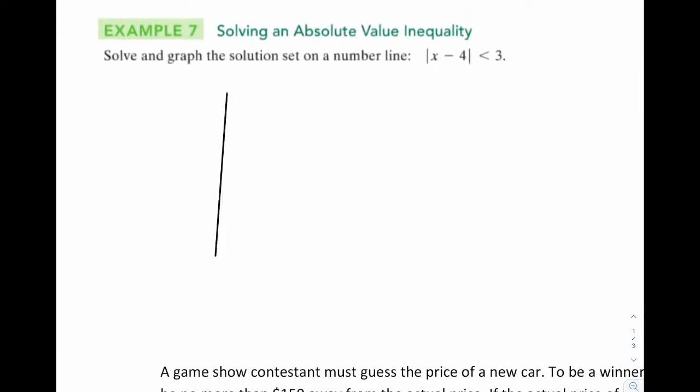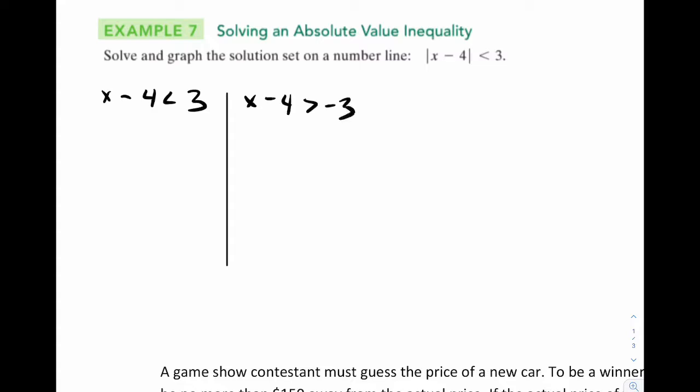There are typically two inequalities we have to solve. The first one is the regular one without any absolute value, meaning this is our first condition. The absolute value does nothing. So you write x minus 4 is less than 3. Now the other thing that could happen is absolute value actually does matter, meaning we just write x minus 4 is greater than negative 3. And then we solve that.